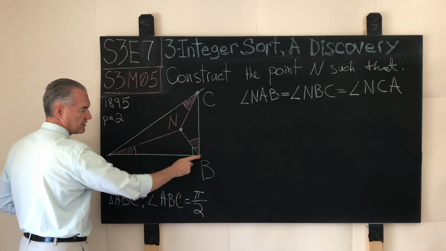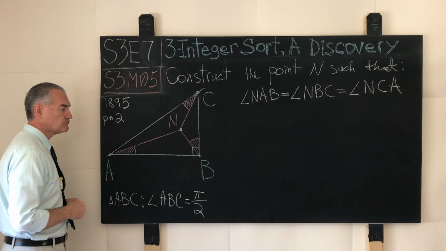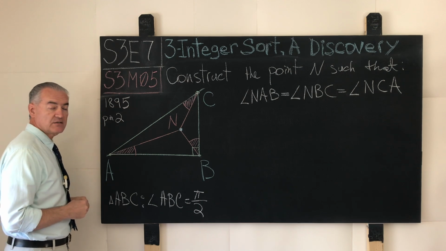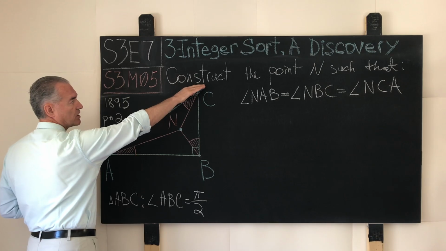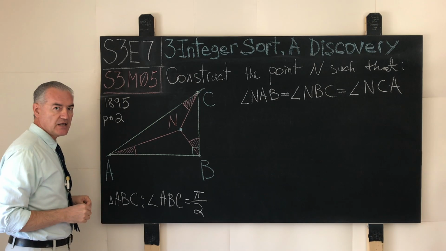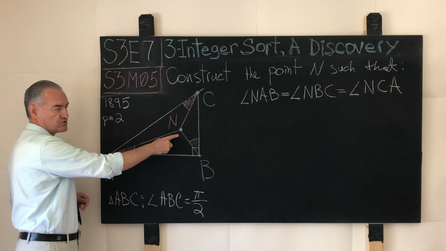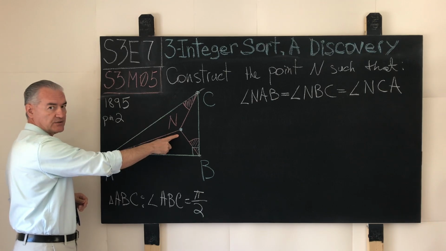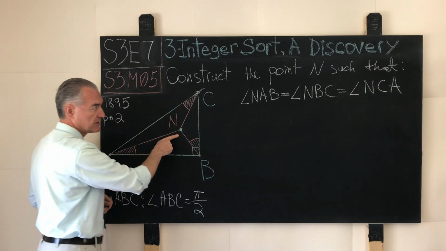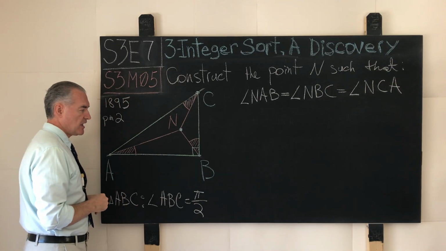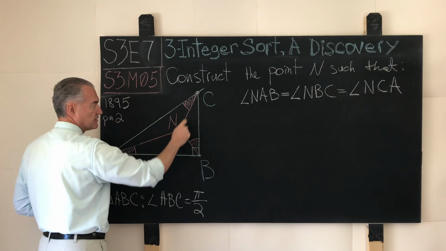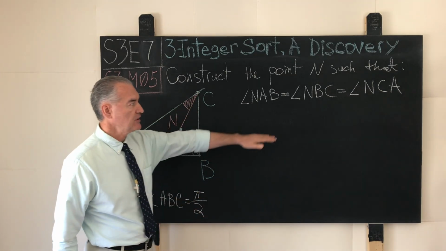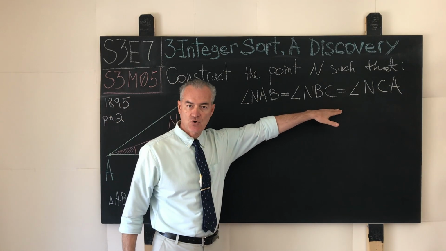The interior angle at B is right. Construct, actually we want the construction steps, construct the point N inside the triangle. The point N should be located inside the triangle such that the magnitudes of the angles NAB, NBC, and NCA all equal one another, as shown over here.